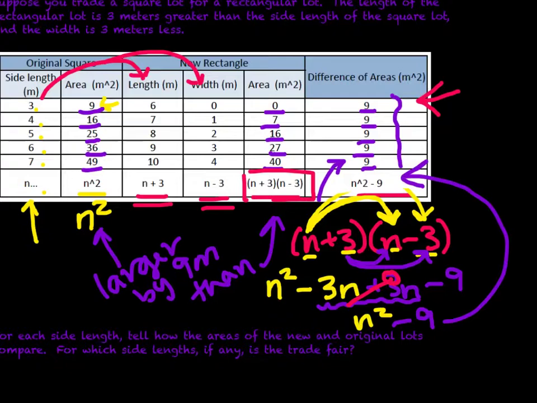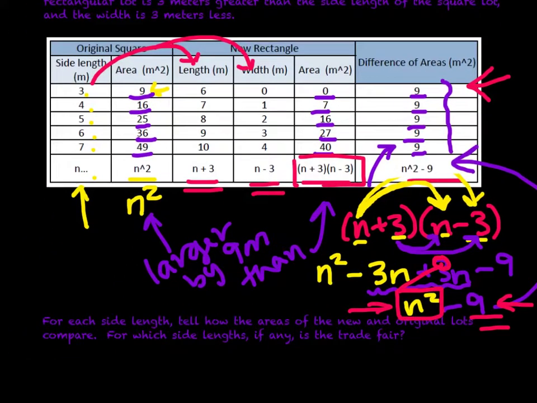Essentially, we have our original square area, and we're subtracting 9 from it each time to get that rectangular area. So we can see that they're not going to be equal ever. This is our most generalized equation. The square area minus 9 gets me that difference between our square and that rectangle. Kind of cool that we can use quadratic equations to do this.